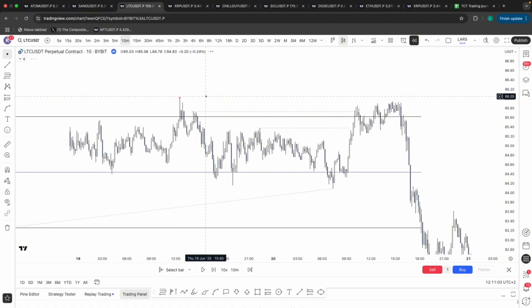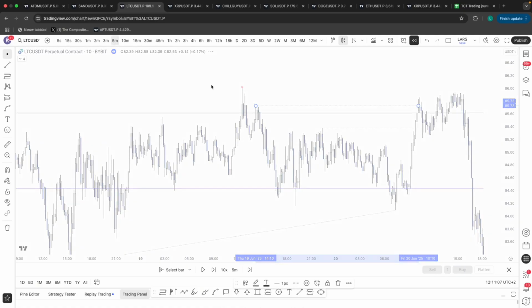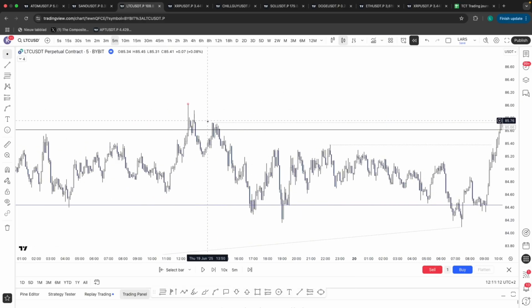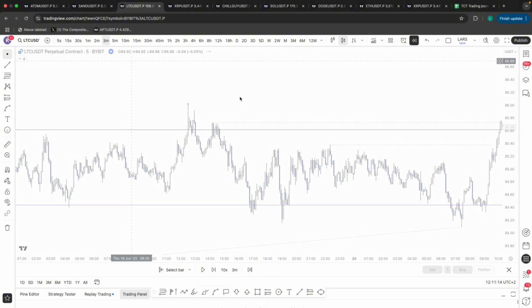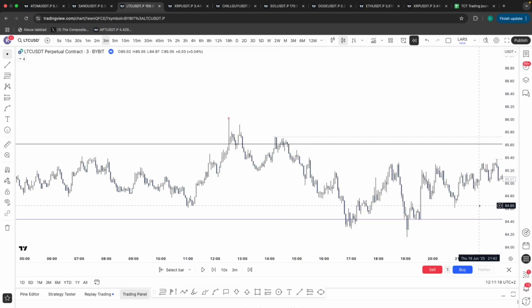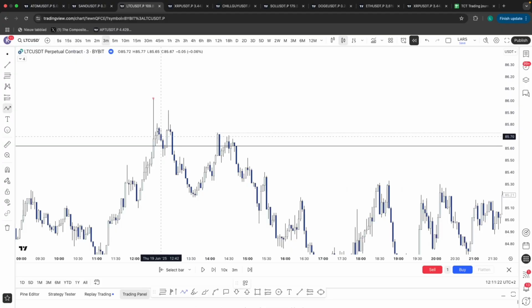Not seeing anything on the 10, nothing new, same lower high for the lower low. Not seeing anything on the 5, that remains the same lower high for the lower low. Going down to the 3 minute right here. And on the 3 minute, we actually see some interesting price action. So on the 3 minute, we can actually see that we have a high, we have a low, and we have a lower high for a lower low.